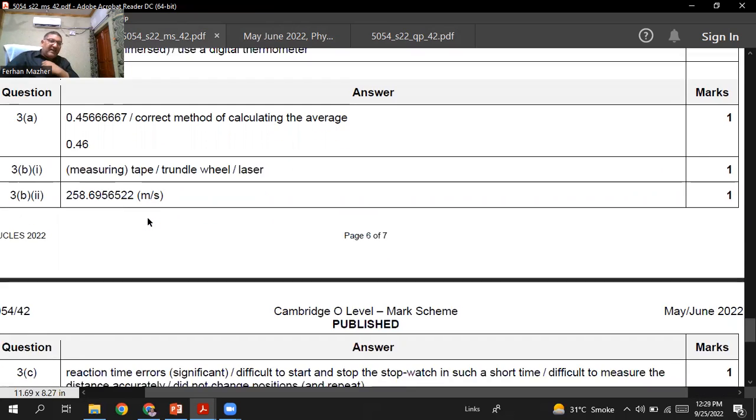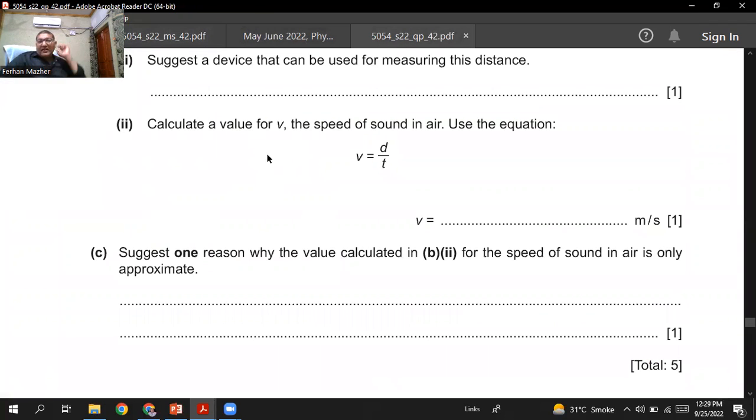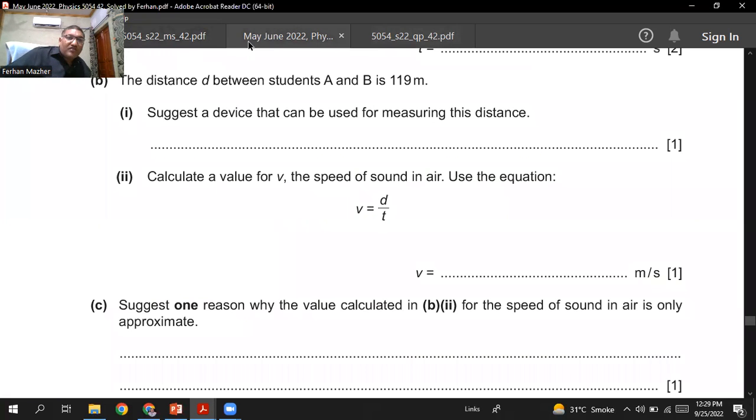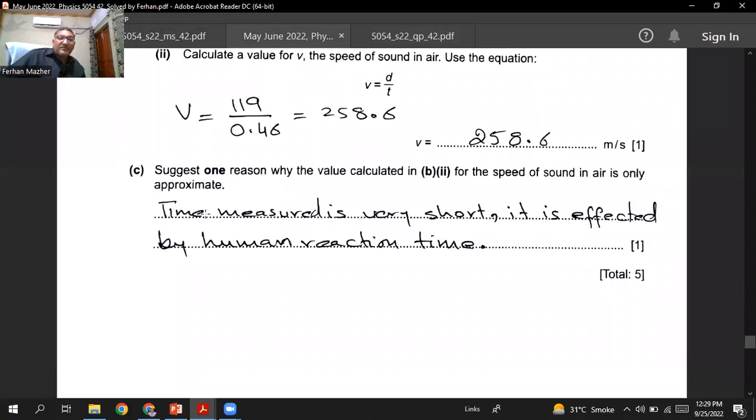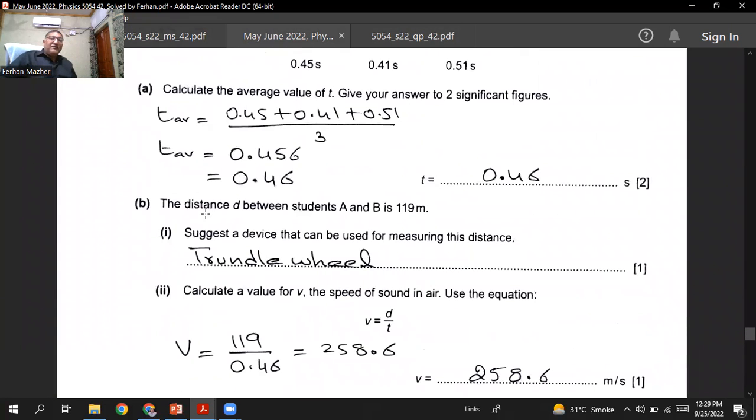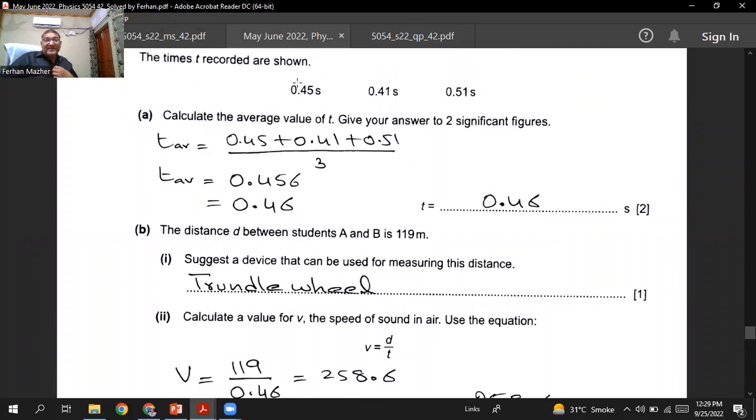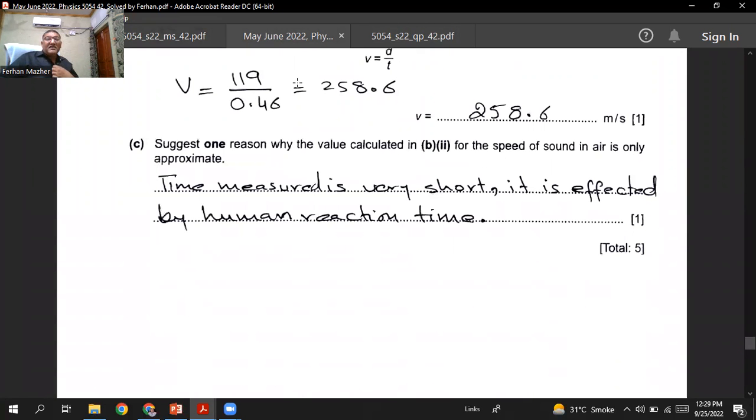So that's the marking scheme showing up on your screen. Then the question is: suggest one reason why the value calculated in the second part of B, for the speed of sound in air, is only an approximation. So you see the times which you have shown here, 0.45 seconds, 0.41 seconds, 0.51 seconds, that time is very short.